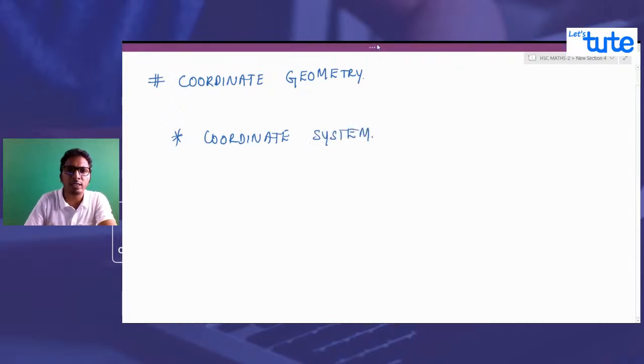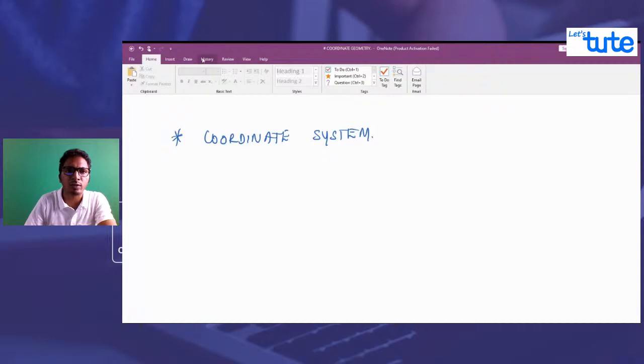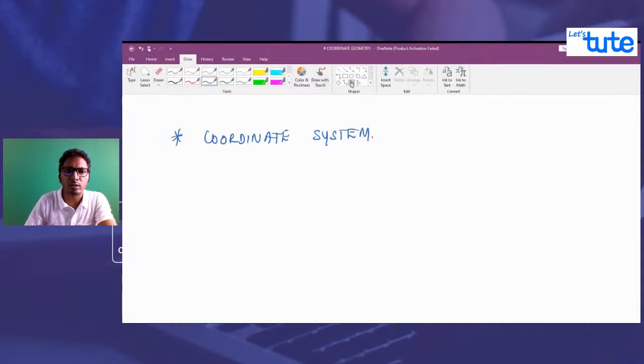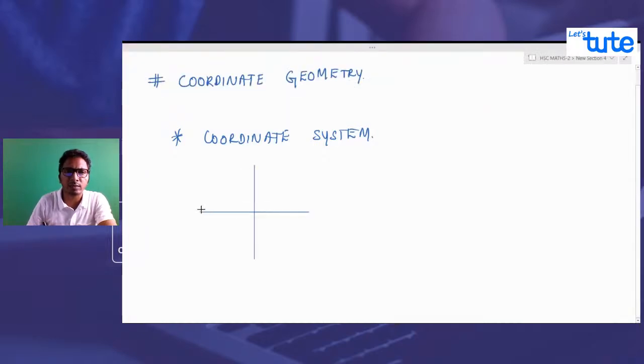So basically, the coordinate system consists of coordinate axes. As we all know, there are two axes. This is the horizontal one, the x-axis. This is the vertical one, the y-axis.